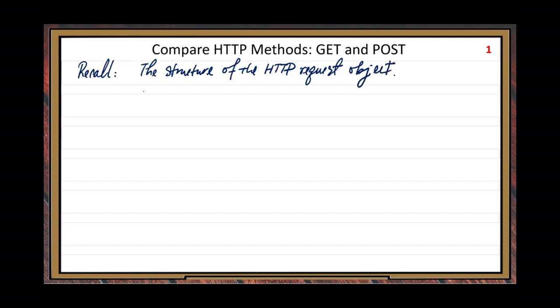More specifically, there are three components. The first is the request line.